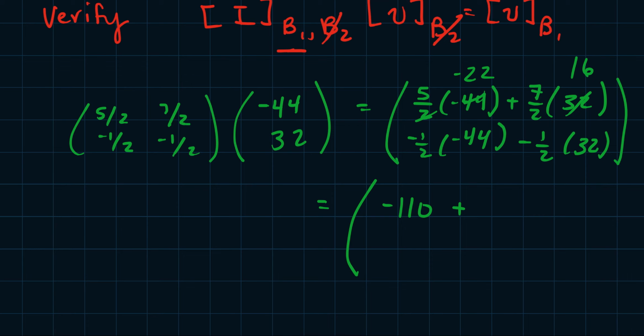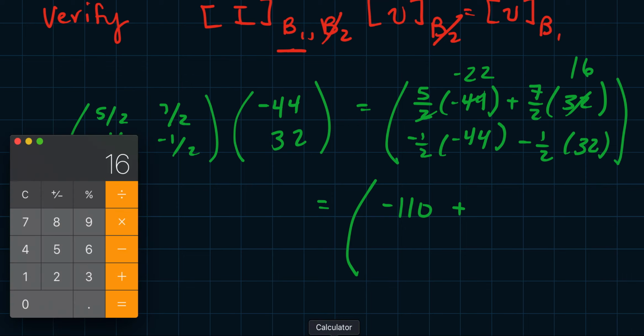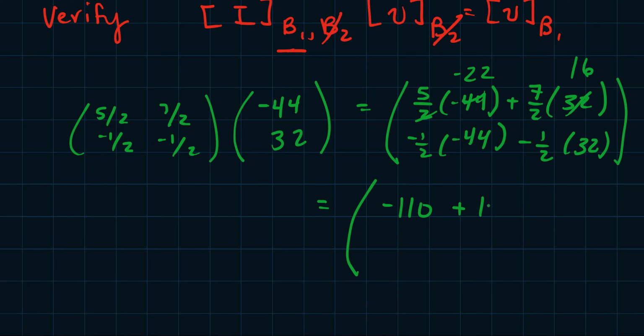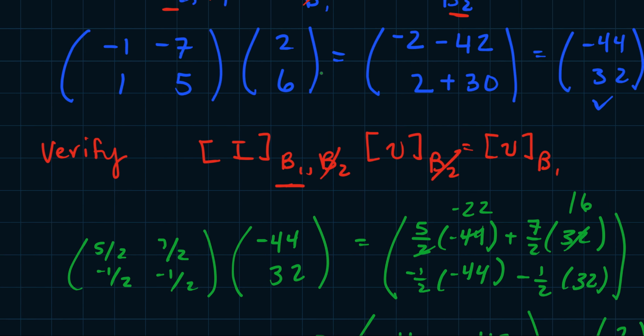I'm going to need a calculator for that piece. So 16 times 7 is 112. And this is going to be 22, negative and negative make a positive, and then a minus 16. So it looks like we get 2, 6. Exactly what we wanted.